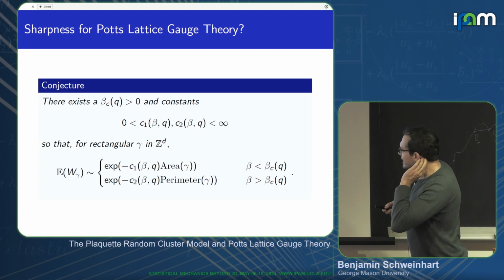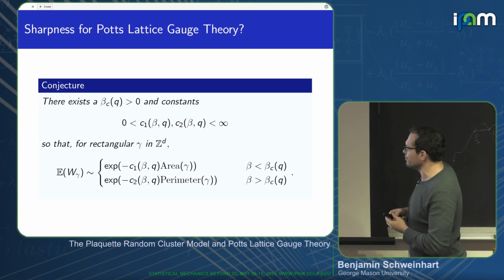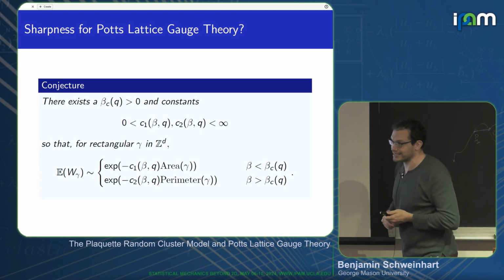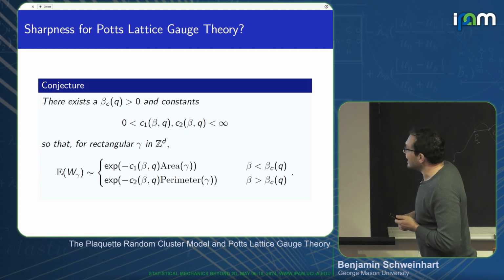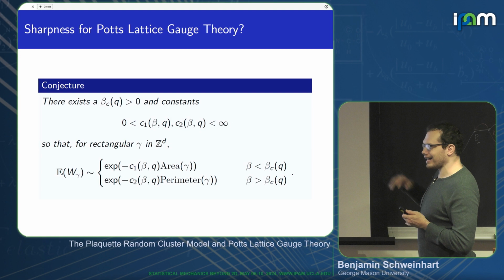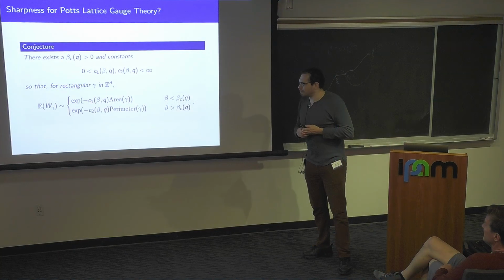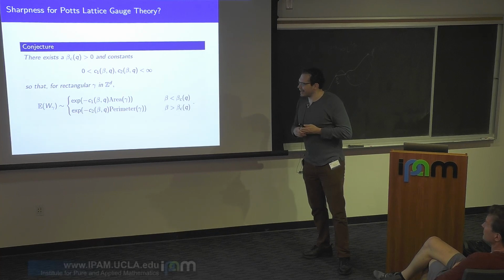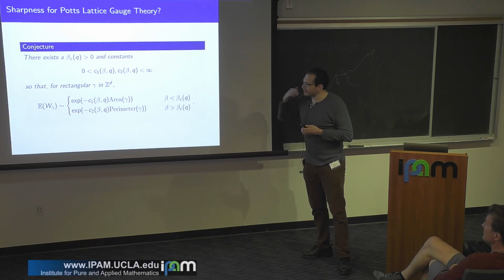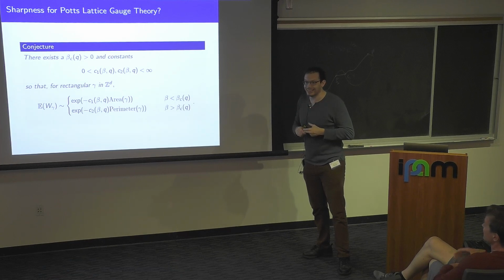Okay, so the conjecture is for Potts lattice gauge theory on ZD that you get this thing called a deconfinement transition. This comes from the Wilson paper, why you call it that. But the conjecture, and this looks a lot like that theorem of Aizenman, Shlosman, Fröhlich, and Russo I showed you, is that if you take rectangles, or I guess it's a rectangular boundary, that should say we want to have a one-dimensional thing we evaluate our cochain on.